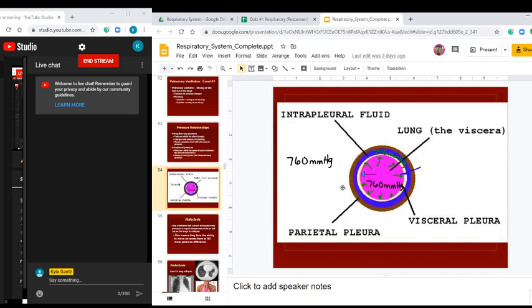If we ever get an issue where this space matches the same pressure that's in here, that pressure on the outside will cause that lung to collapse. That lung will not be able to expand and fill up with air, and therefore you will not be able to oxygenate your blood, which oxygenates your tissues.